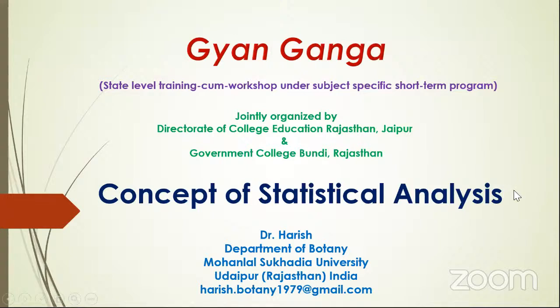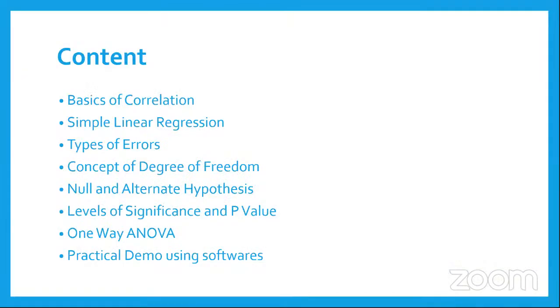Okay, so in this talk, I am going to discuss some of the concepts that are popular and useful for the statistical analysis of the raw data. I'm going to discuss the basics of correlation and how it is different from regression, and we will discuss simple linear regression.